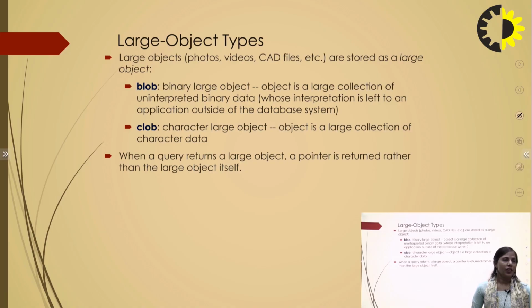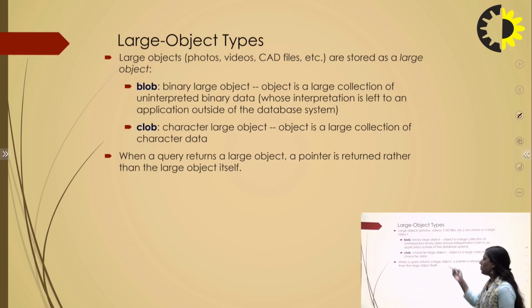Now there are the large object types, where we can use photos, videos, and files as a large object. There are two categories of large object data types, the blob and the clob. BLOB is the binary large object, and CLOB is the character large object.